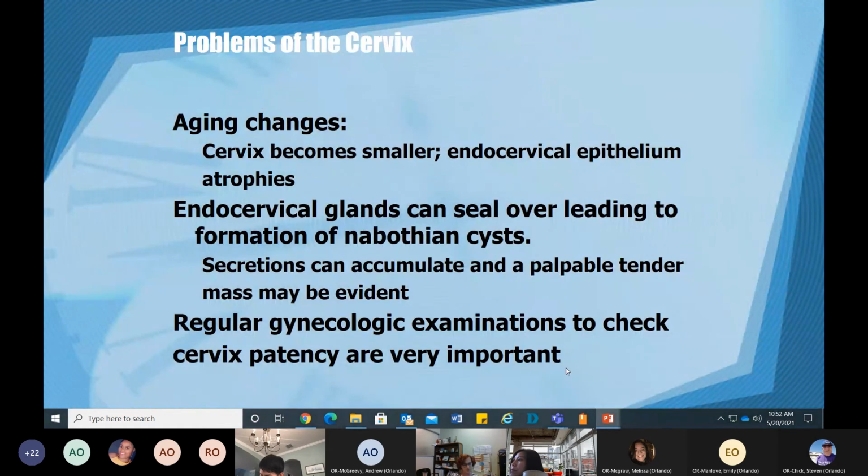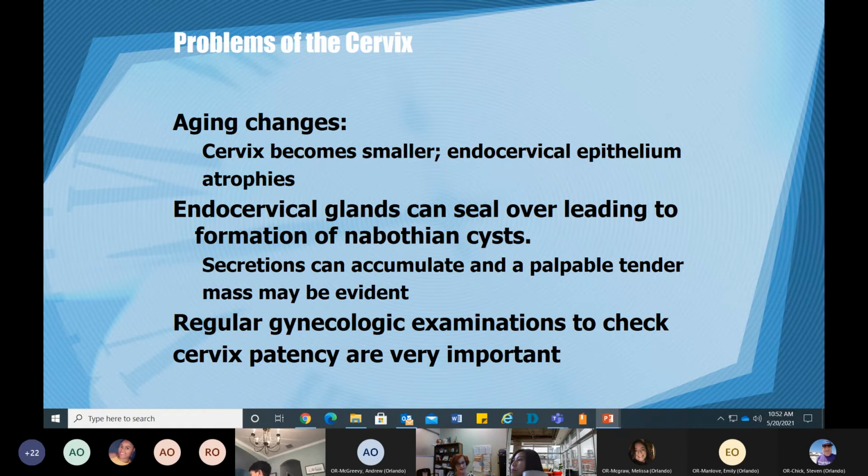Cervical changes, of course, we do know occur. The cervix, of course, becomes smaller. The epithelium will atrophy. Everything seems to atrophy in the older person. There are endocervical glands. Remember, those are secretions that help to lubricate.